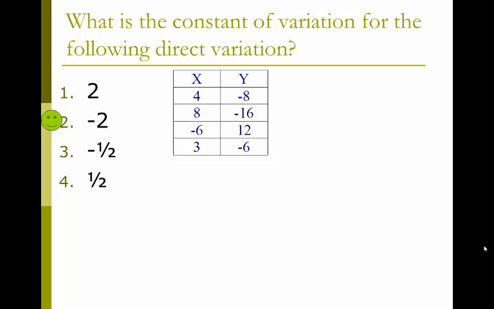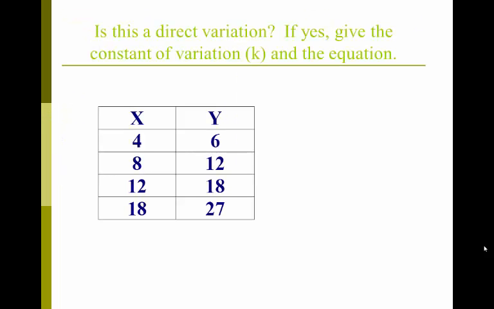So if I were to write an equation here, it would be y equals -2x. Would this be an example of a direct variation? If so, tell what the k value is. Yes, this is a direct variation. Our k value would be 6/4, which can be reduced to 3/2, and our equation would be y equals 3/2 x.